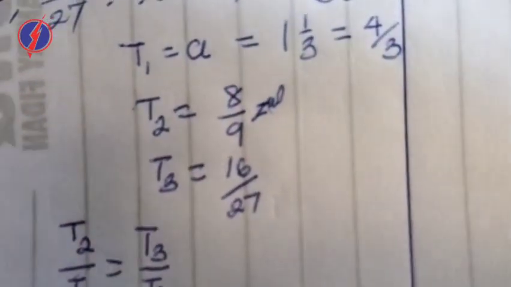Then, which is equal to 16 over 27 divided by 8 over 9. So this is the same illustration as this.